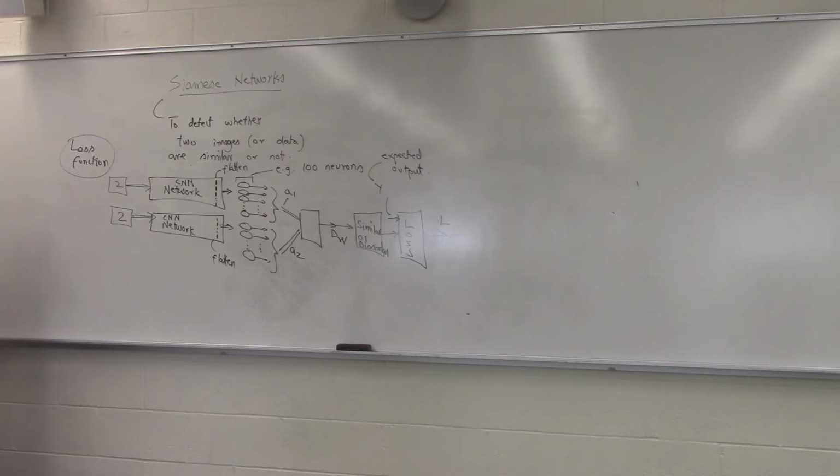Okay, so in the 2006 timeframe, Yann LeCun, one of the very famous persons who developed the CNN as we discussed, and his students came up with the loss function for Siamese networks, right?